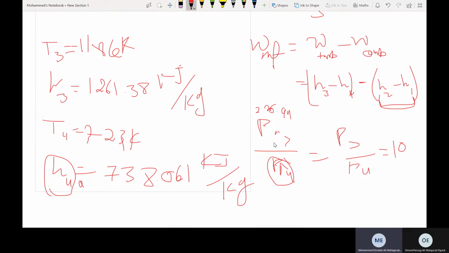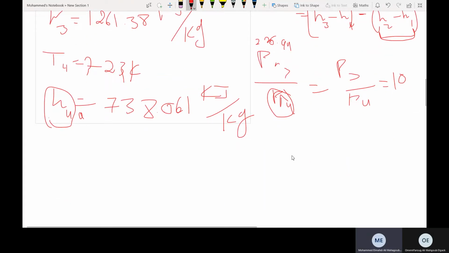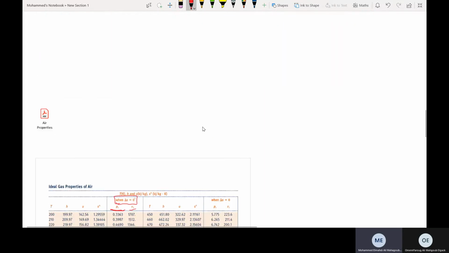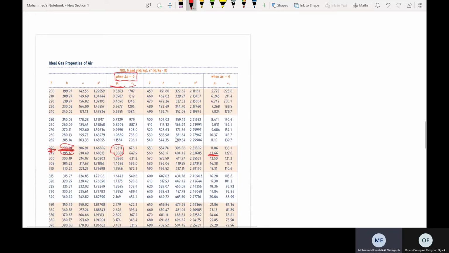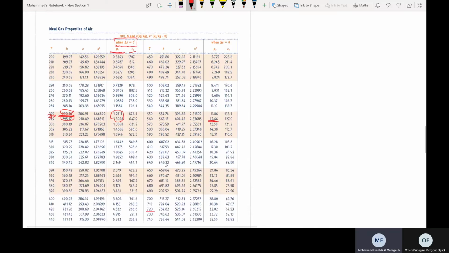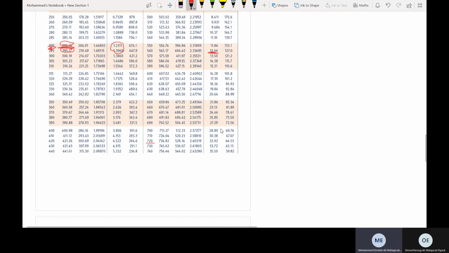So the relative pressure of point 4 is going to be 22.694. Let's check which enthalpy this relative pressure gives us. I can see that 22.6 is somewhere here.